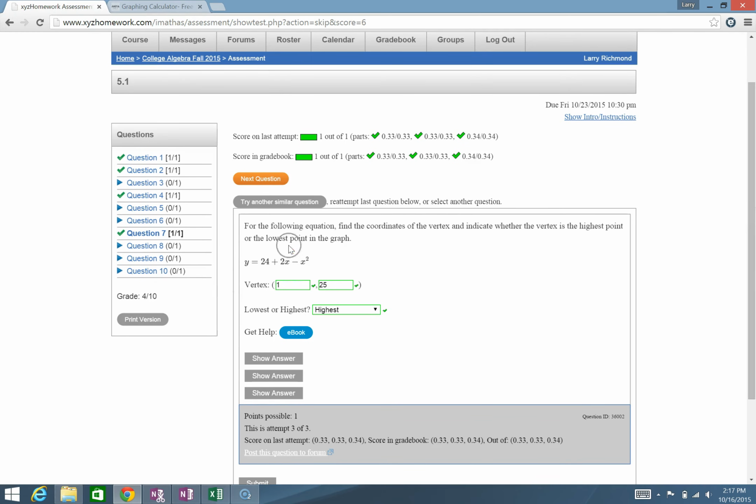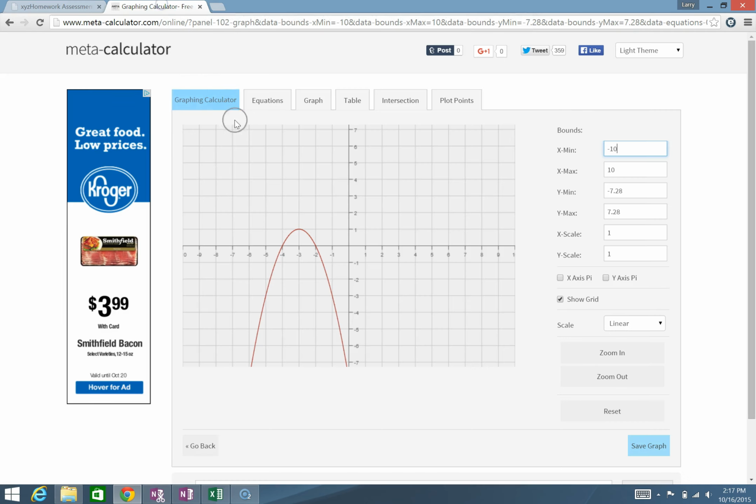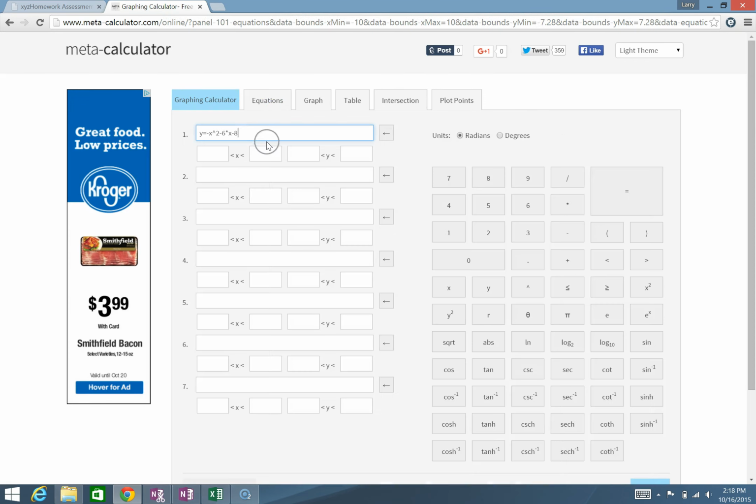And I'm going to show how we could also find this using our grapher. We're graphing the equation y equals 24 plus 2x minus, and you can simply hit x squared here. All right, graph.